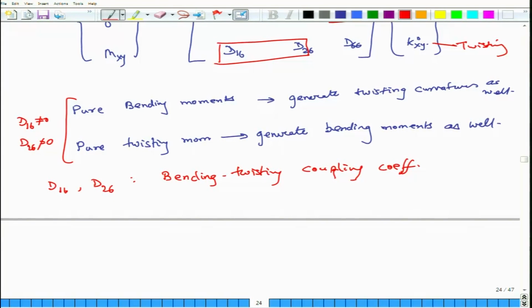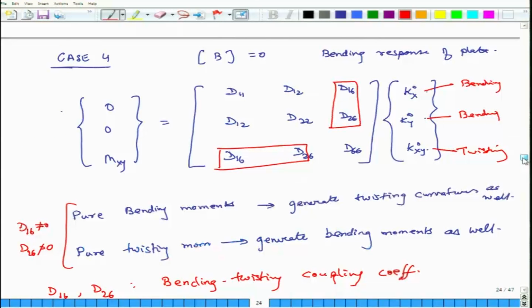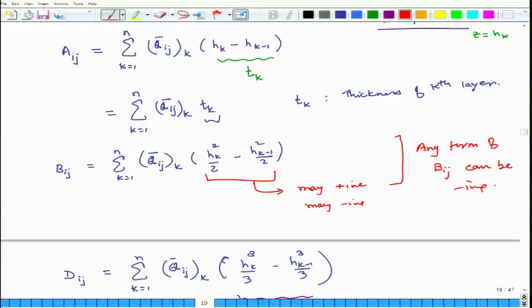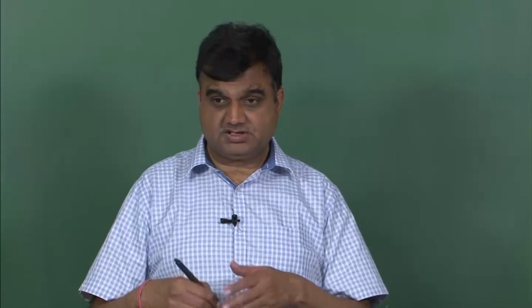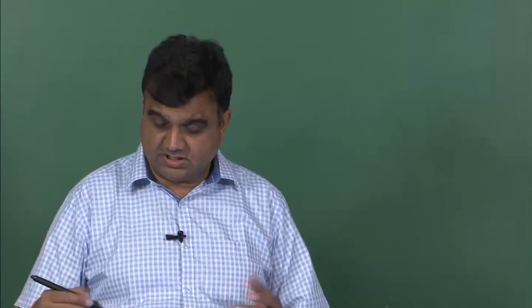Okay. So, we have discussed 4 cases. The first case is when B is 0, and then the coupling between the bending response and the midplane strain, extensional response gets eliminated. That is why it is known as the coupling matrix.